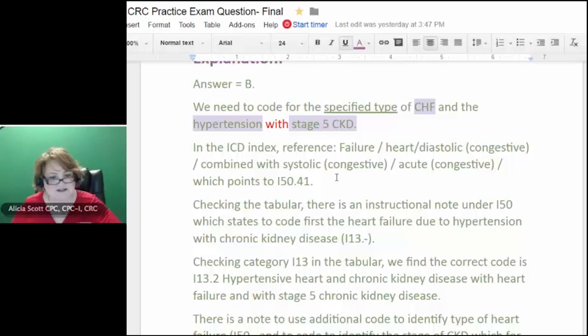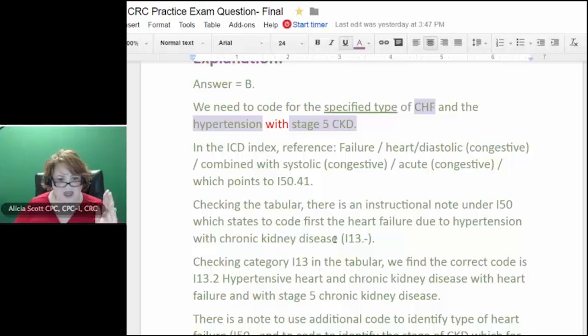I picked this one, and I don't want to say Chandra caught me, but when I read the rationale, I thought, oh, I would have missed that one because I would have jumped to a conclusion. So again, we first look up failure, heart, diastolic, congestive, and when you get there, there is a choice for combined systolic and diastolic, and acute is always the right term, and that's going to give you I50.41. That's the proper code.